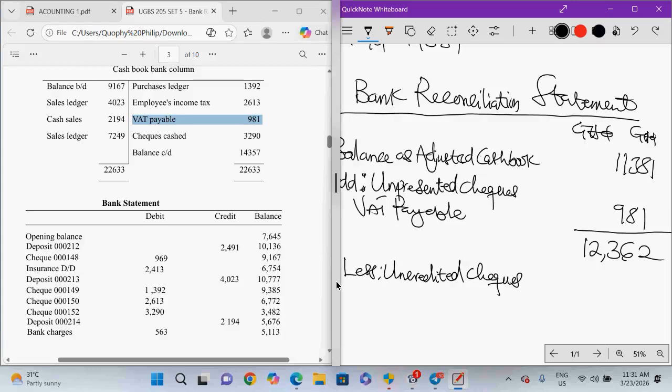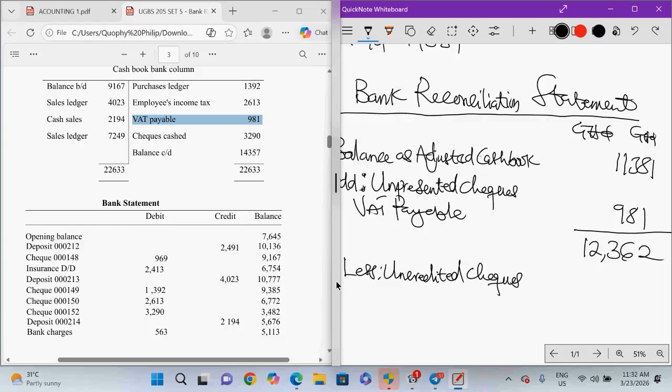The debit side. Because we have received it and we've given it to the bank to credit our accounts, but the bank has received the check and compiled all the checks. It hasn't credited our account. So it will be at the debit side of our cash book. Where do you think it will be in the bank statement? Credit.